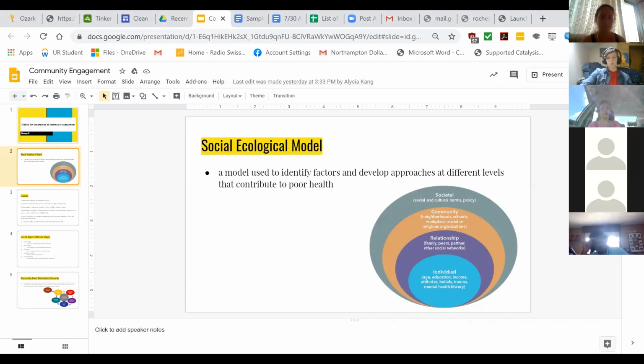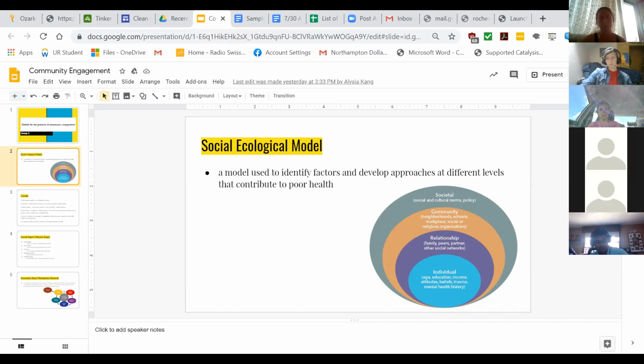So we'll start out with the individual, and that's basically the personal qualities, your age, where you went to school, how much money you make. Then if we go one step beyond that, we have our intimate relationships with family, peers, a partner, or other individual connections, general friends.